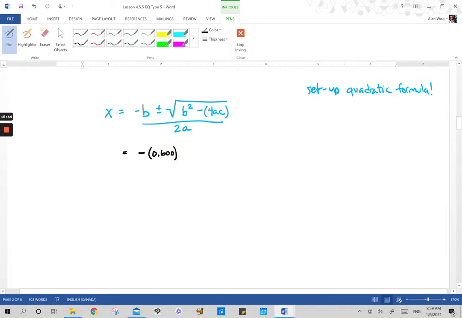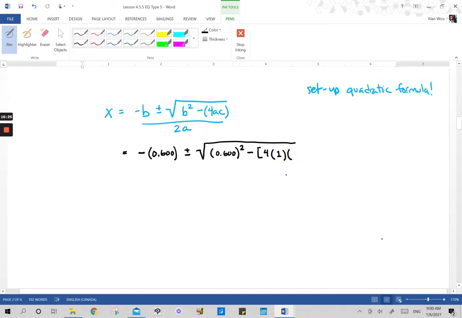0.600. Okay, plus minus the square root, and I usually write this one longer because there's more stuff in here. B squared, so again it's 0.600 squared minus 4ac. Now I put the big brackets in here so that we have 4 times a, which is 1, times c.